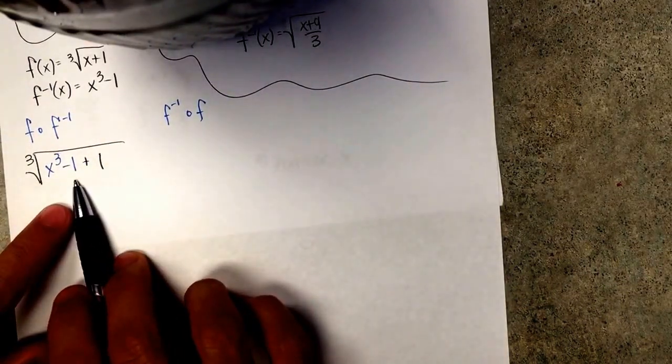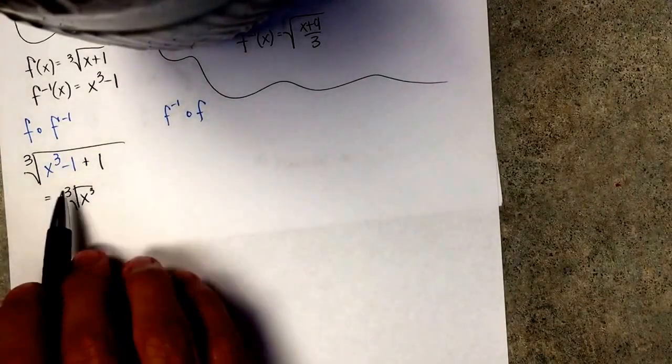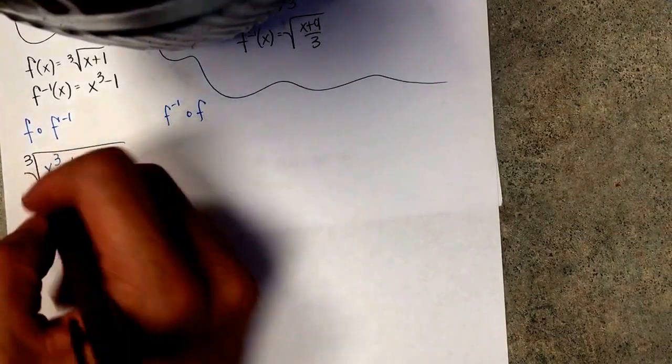My job is to make sure that this simplifies into just a plain x. If we simplify this, notice negative 1 and positive 1 cancel out. So that just gives me the cube root of x cubed. And with everything we've done with radicals, we should realize that the cube root and the cube cancel out, and all you get is x.